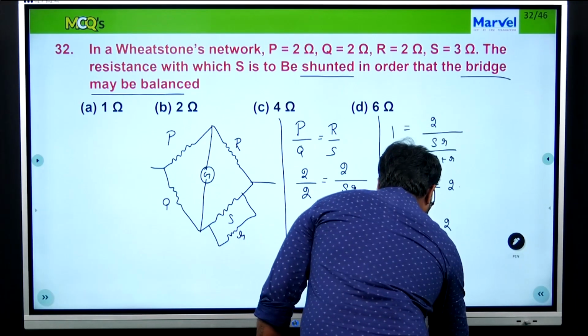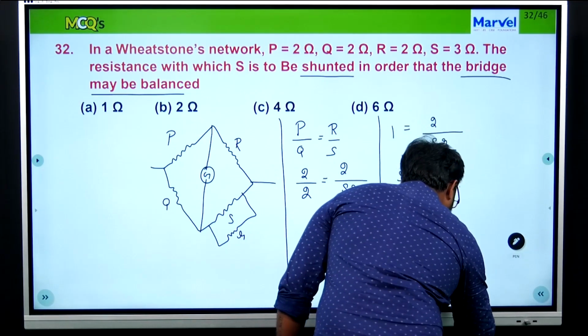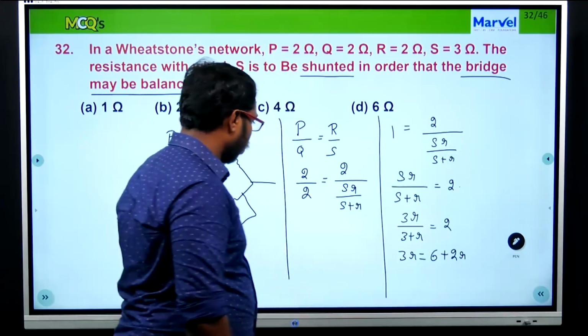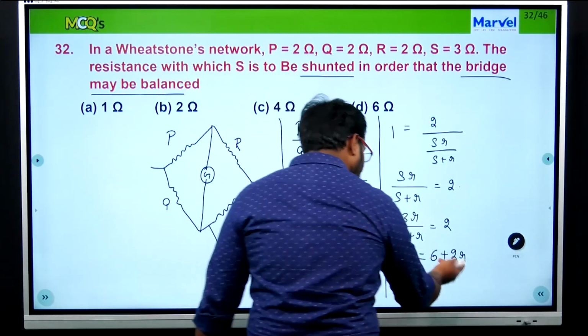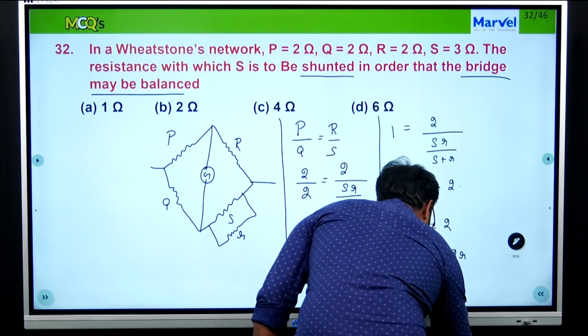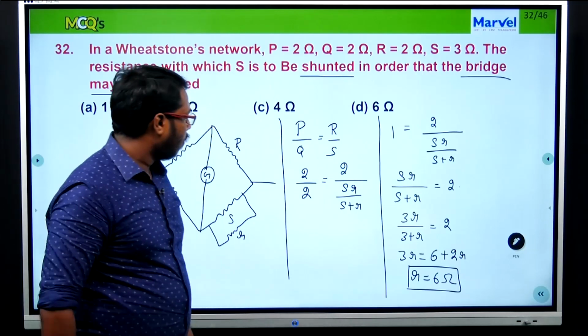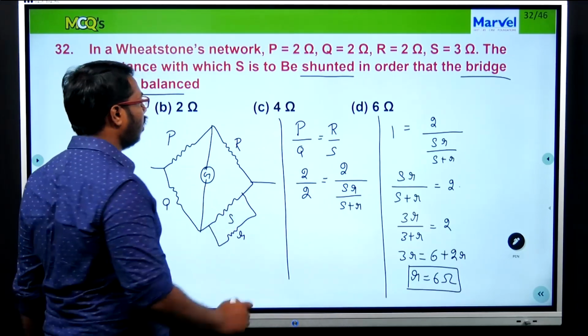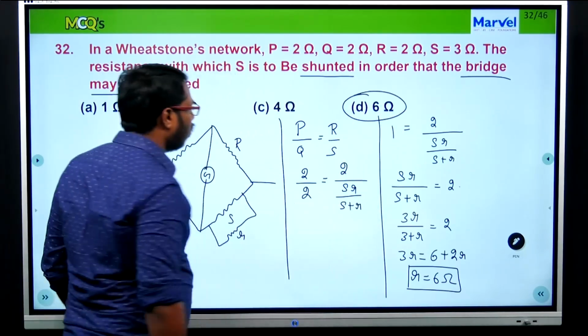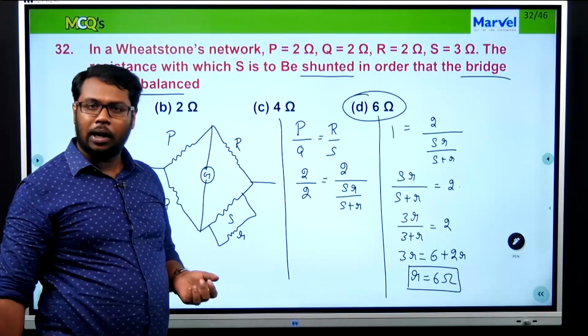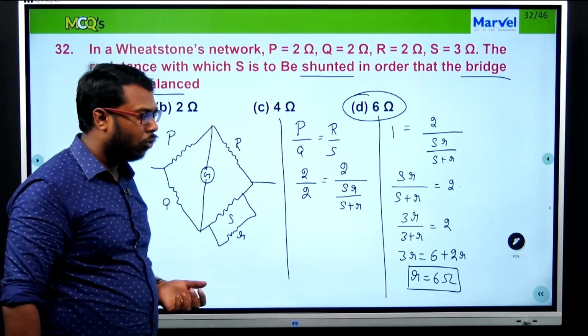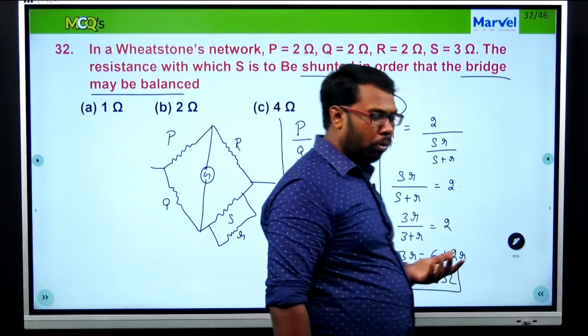And then 3r is equal to 6 plus 2r. So now I will take this 2r to the other side. It becomes small r is equal to 6 ohms. So you are supposed to shunt your S with a 6 ohm resistance for this condition to be satisfied. So this is the condition for your Wheatstone's bridge to balance.